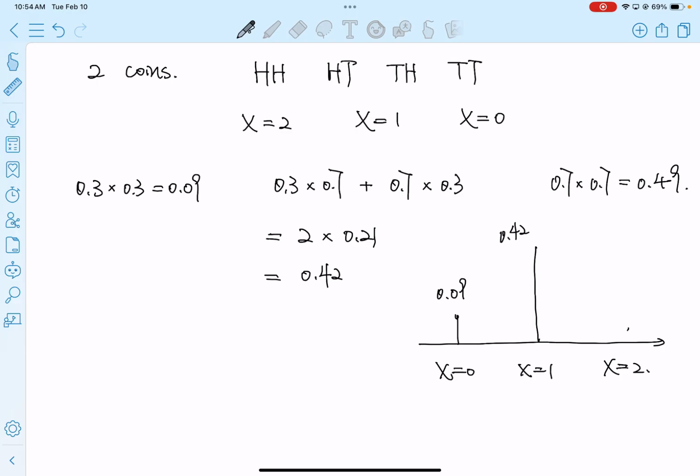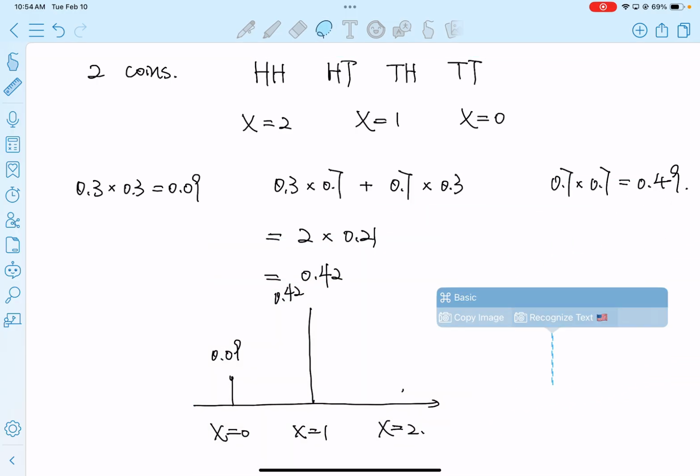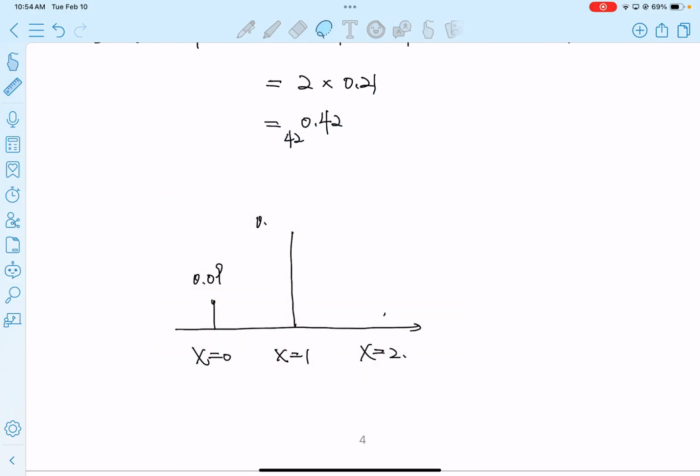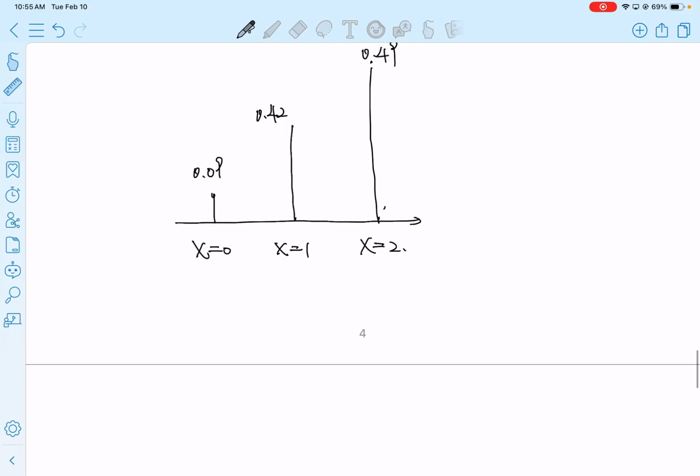Maybe the scale is not too good. And then we will also have the case of 0.49. Okay, so what we have done here is that we see the actual outcome, but we rewrite it using a number to represent the random state, the outcome. And then we can also have the following figures.